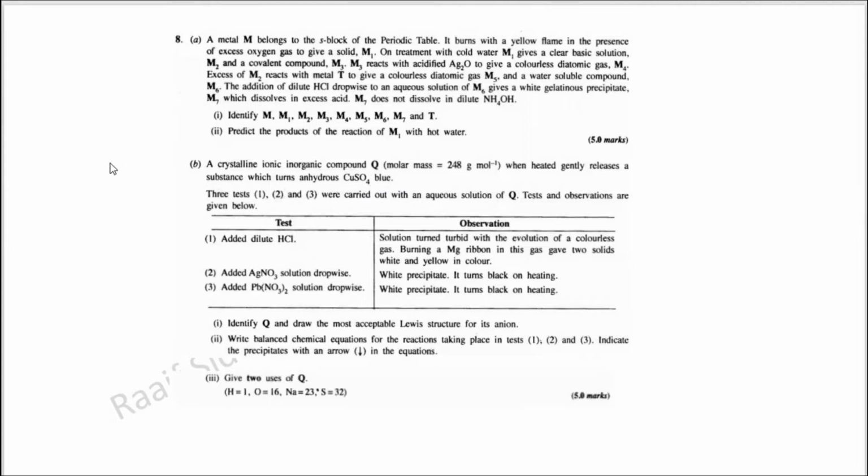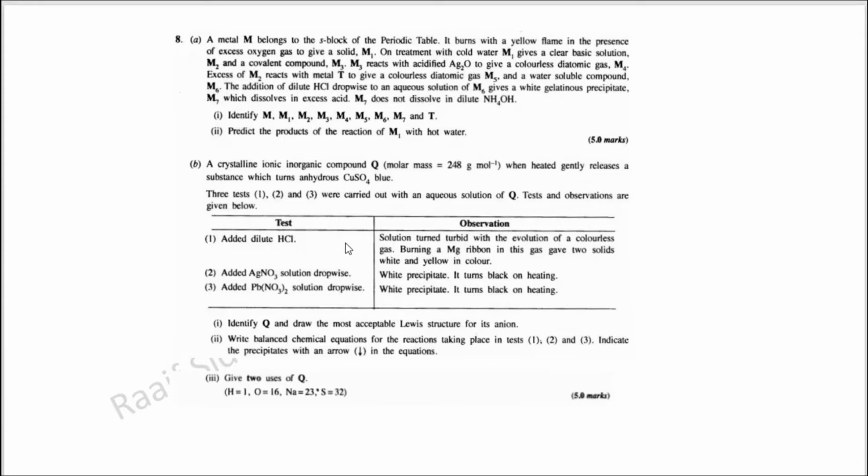Okay, and 3 tests were carried out on the aqueous solution of Q, and the tests and observations are given below. So what are the tests and observations? They have added diluted HCl. The solution turned turbid. Okay, so think about the reaction of anions with dilute acids.